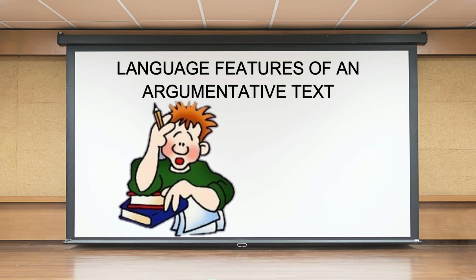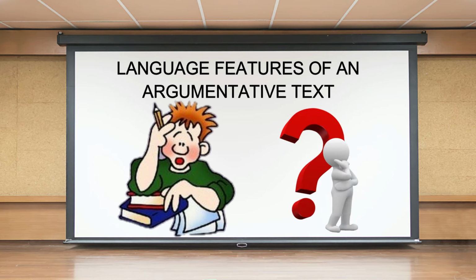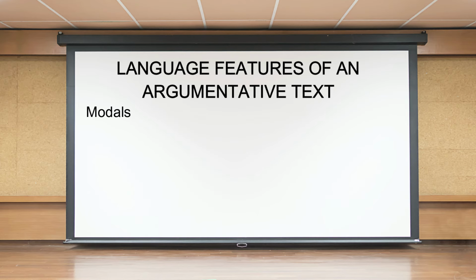For example, the use of grammatical structures like modals and adverbs, among others, may greatly contribute to achieving a compelling argumentative essay. The table presents several language features of argumentative text.